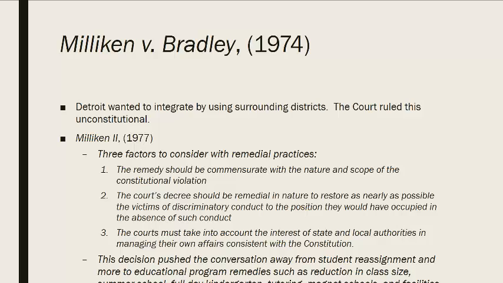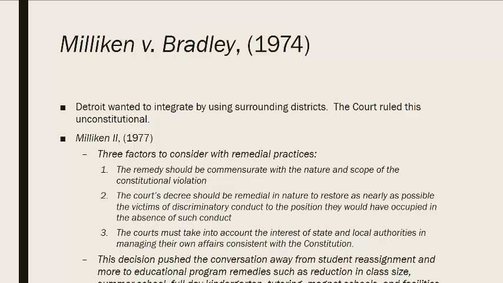The second important case here comes in 1974, and this involves Detroit, Milliken versus Bradley. Detroit wanted to integrate by using surrounding districts, and the courts ruled this to be unconstitutional. And in 1977, the courts heard a second Milliken case.